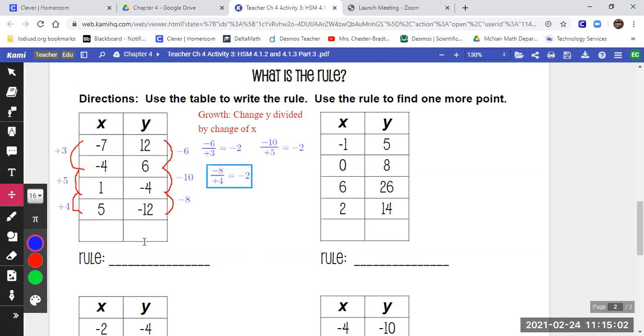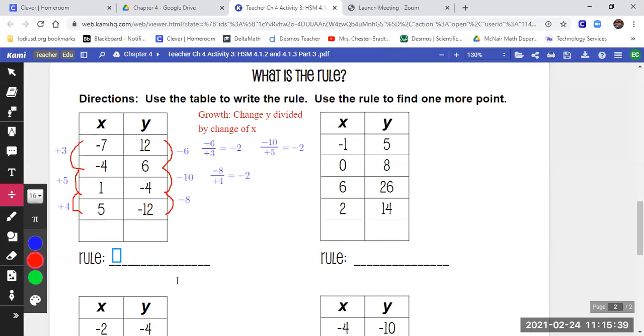We have our growth. So we can start our rule, because our growth goes with what part of the rule? Is it with the X or is it with the plus and minus? If I say my rule and I say growth, where does the growth go? Think about it.